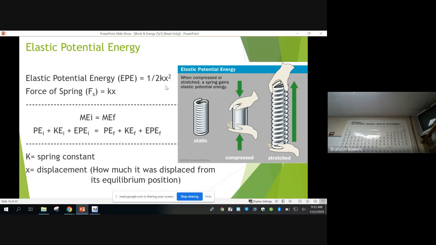Okay, so that's what the elastic potential energy is, where k is a spring constant. So that's a constant. And we already know x is displacement, from past chapters.